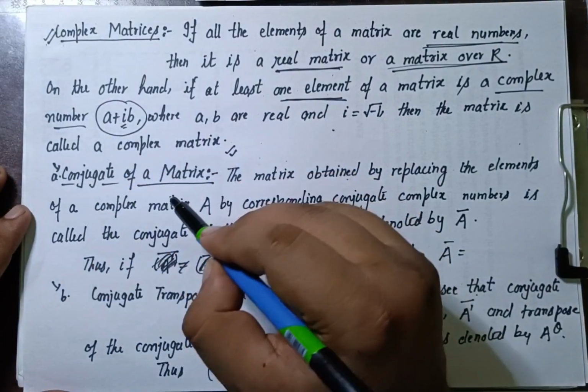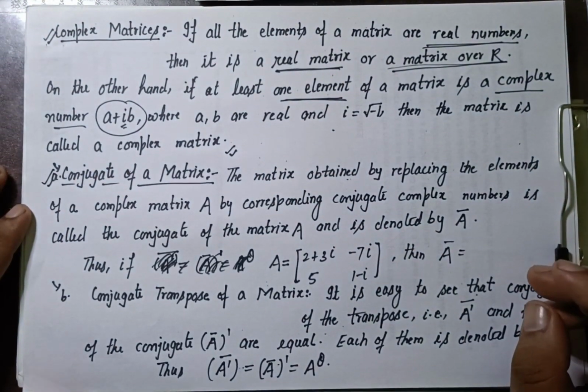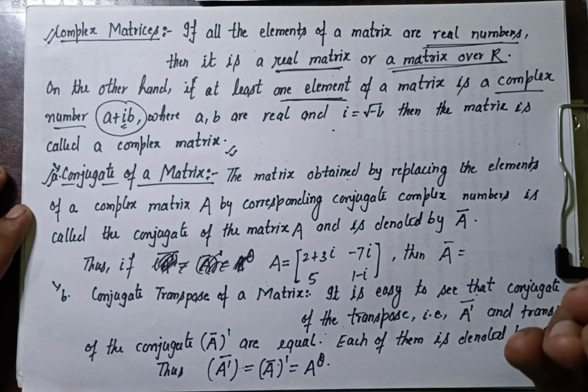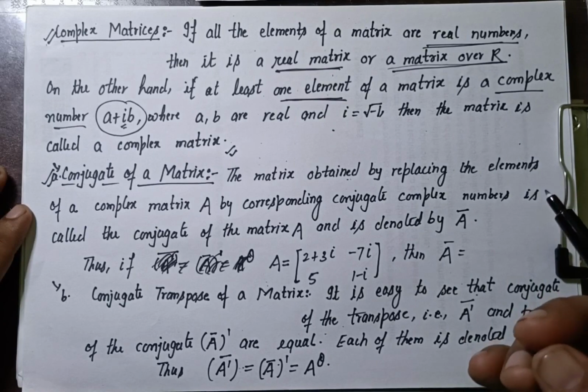So what do we mean by the conjugate of a complex matrix? Whenever we talk about complex numbers, the word conjugate automatically occurs there. It comes by itself, brother: if it is a complex number, then there will be a conjugate of that complex number. And how do we obtain the conjugate of a complex number?